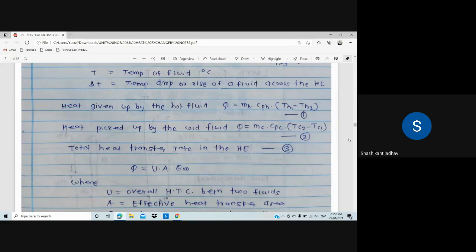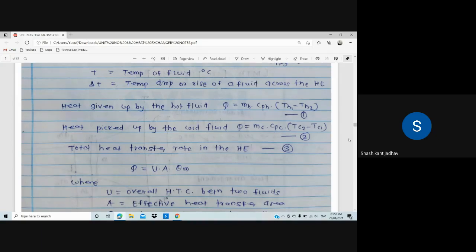TH1 and TH2 म्हणजे काय? TH1 is the inlet temperature of the hot fluid and TH2 is the outlet temperature of the hot fluid. म्हणजे त्या hot fluid मधला temperature difference for that particular heat exchanger. Okay, so m Cp delta T: in that form we write the equation, m dot H into Cph into TH1 minus TH2. We have written the equation for the hot fluid.